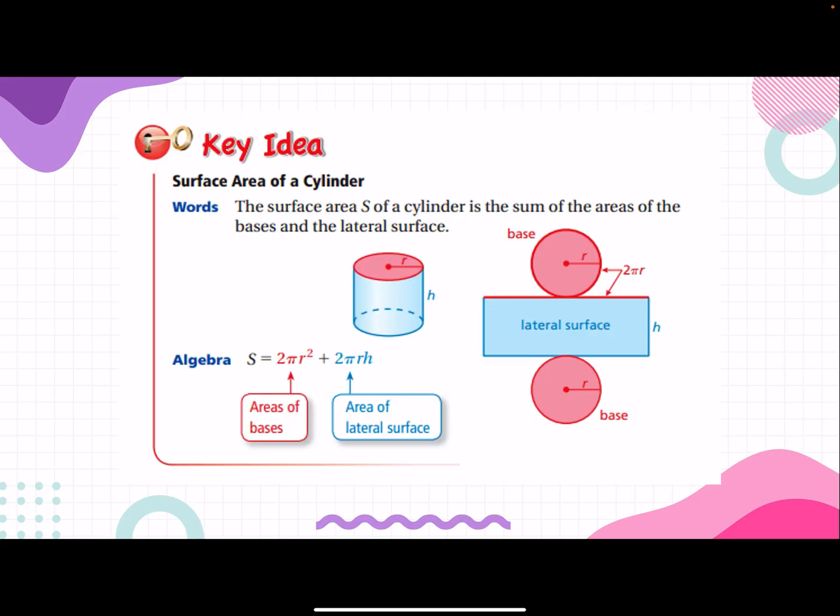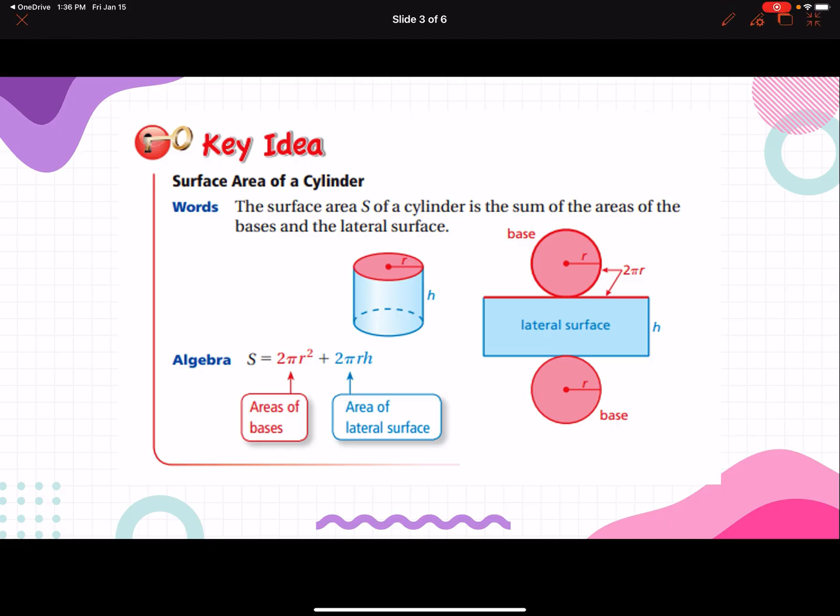Okay, one of the key ideas in this lesson is to determine the surface area of a cylinder. The surface area, otherwise known as a capital S, of a cylinder is the sum of the areas of the bases and the lateral surface. Think about a cylinder like a soup can.